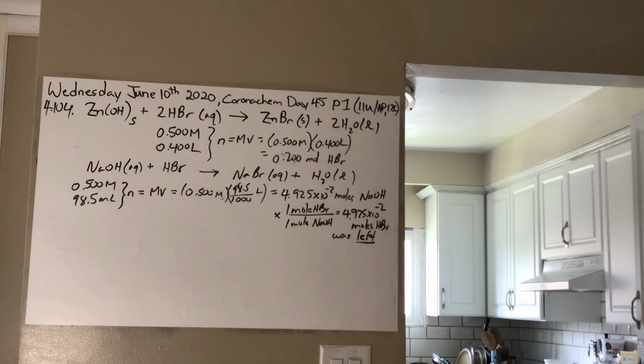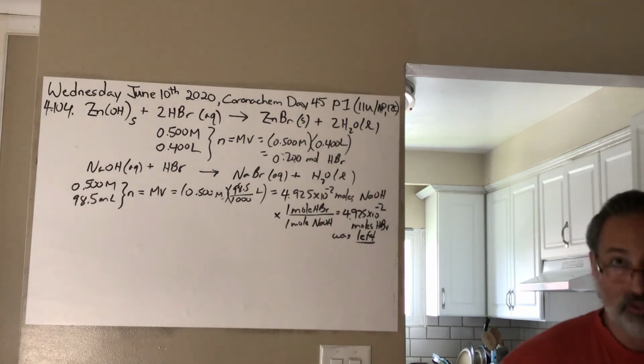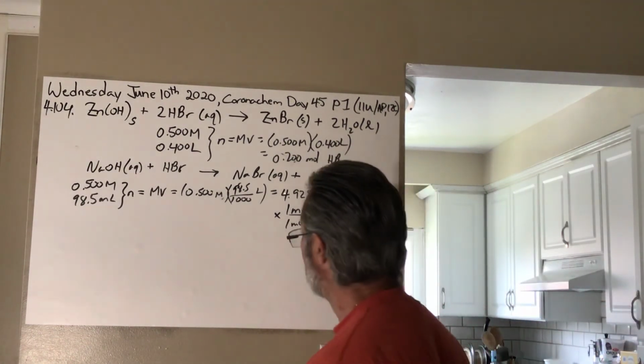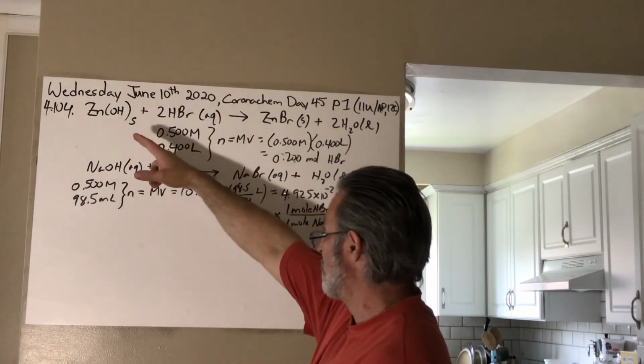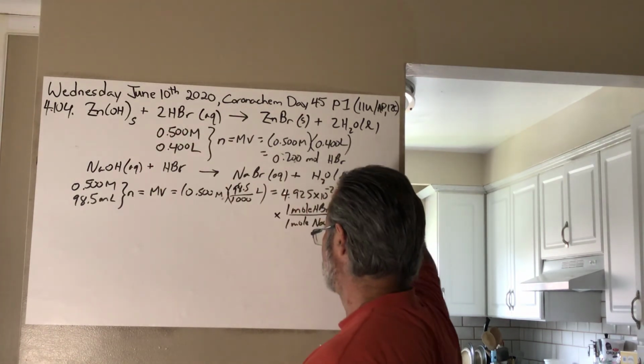It is then titrated with sodium hydroxide. So you've got to have the total, okay. That much HBr will titrate half as many moles of zinc hydroxide.